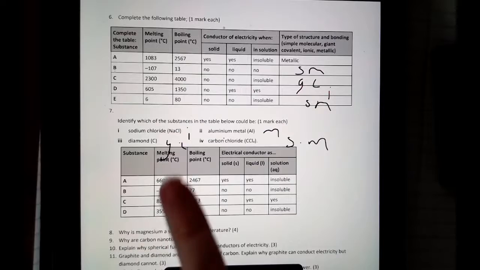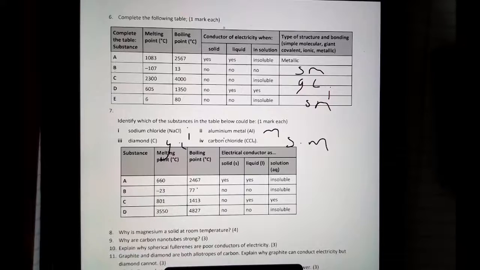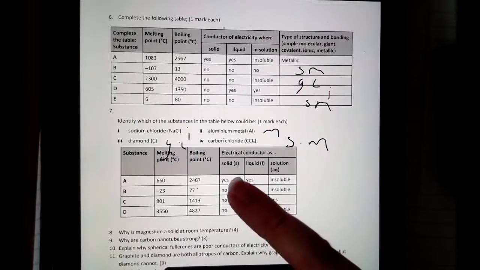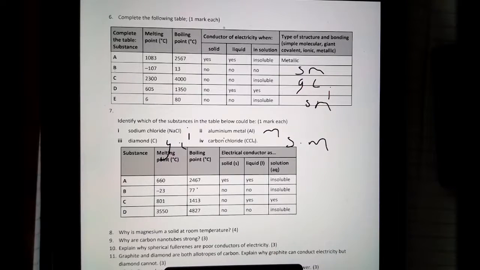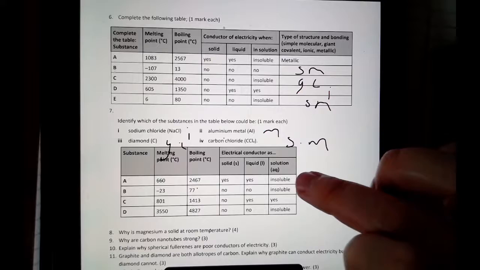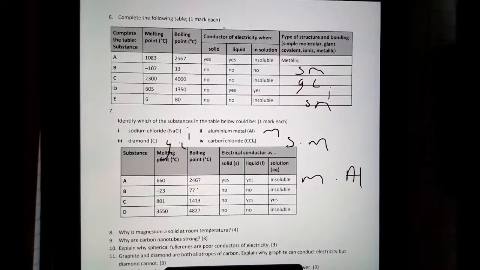If I look at the first one, I do have a high melting point, 660, and I do have a high boiling point. So straight away, I know that those forces must be strong, and I know it's not going to be a simple molecule. Then I look at the conducting electricity, and it conducts when solid, and it conducts when liquid. That tells me that there's always charged particles that are free to move, and if that's the case, then A must be a metal, and that means A must be aluminium.